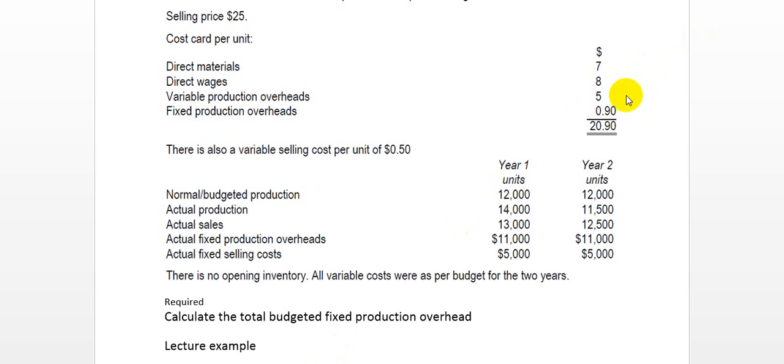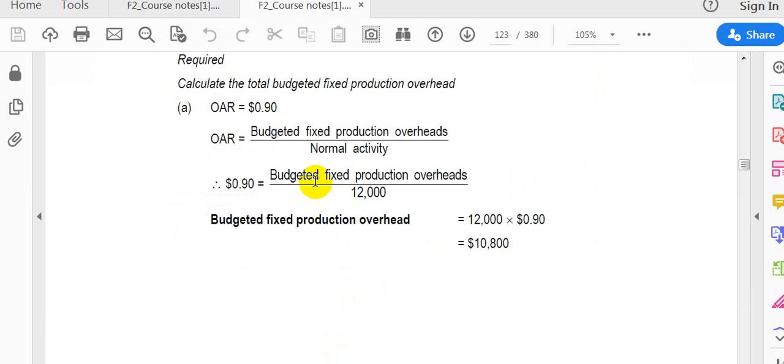We've been given the OAR here, 0.90, and we've been given the budgeted activity there, 12,000. So substituting in the formula, our budgeted fixed production overhead is 10,800. It's clear there?